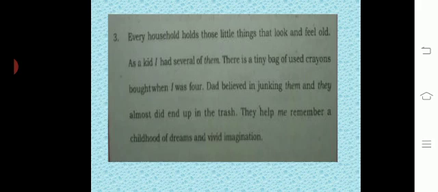So the first word in italics given here is I. I is speaker. Then comes them. Dad believed in junking them. What is that them? Them is used crayons. Remember? See, there is a tiny bag of used crayons bought when I was 4.